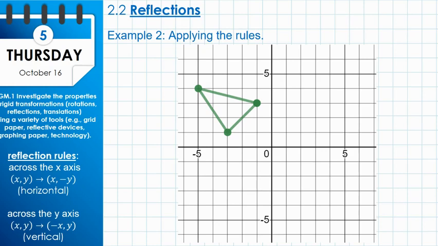So if we apply the rules, again, we go back, identify the coordinates. If we're looking at A, B, and C: A is at -3, 1.